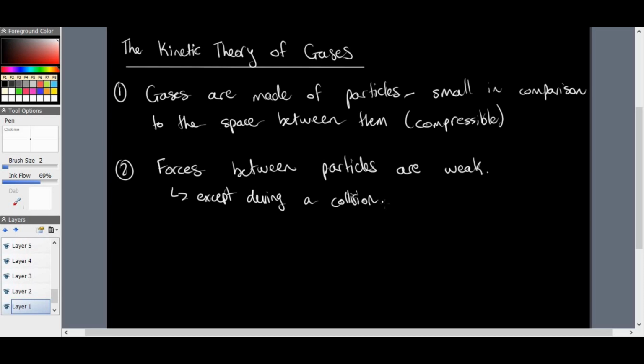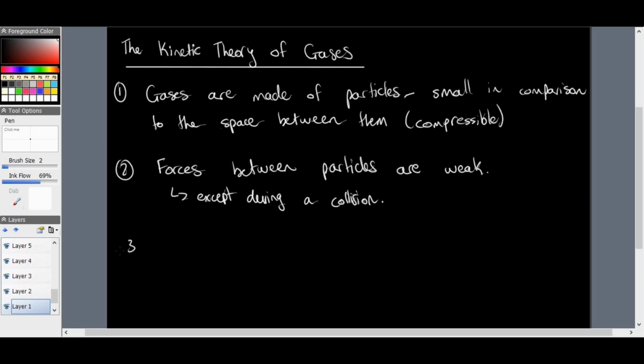Now the weak forces in a gas allow the gas particles to be in a state of constant high-speed random motion. As a result of this high-speed random motion, the gases undergo diffusion and always fill the whole container in which they are placed.